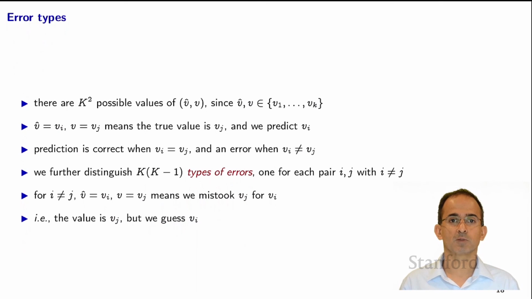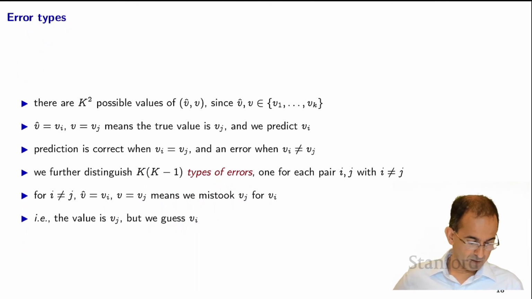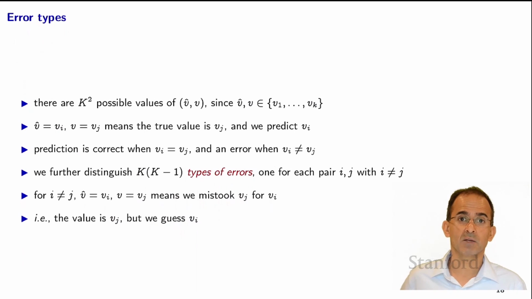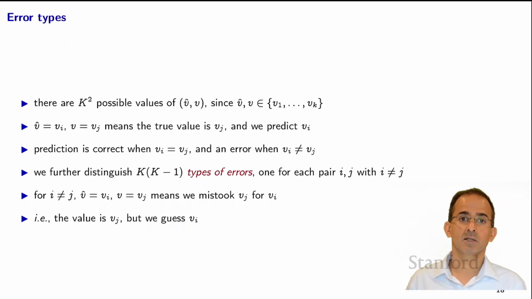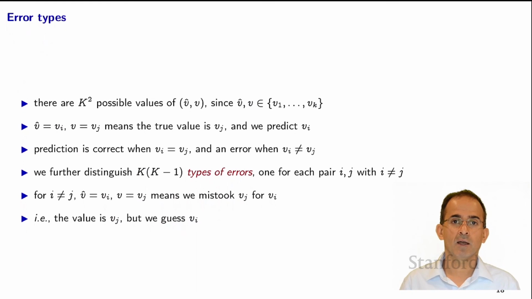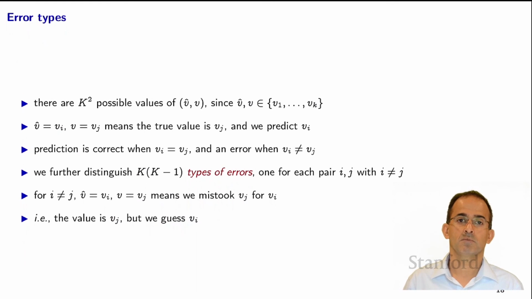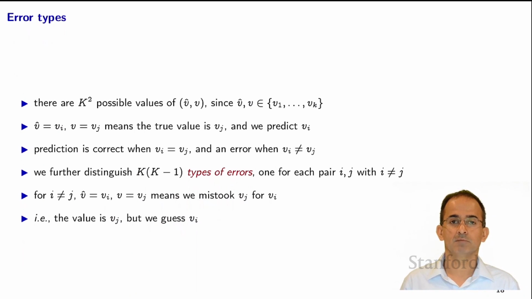So there are k squared possible outcome pairs. When we say v hat is vi and v is vj, it means the true value is vj and we're predicting vi. So the only ones that are correct are when vi is vj. And it's incorrect when vi is not vj. In other words, if v hat is v, that's correct, and if v hat is not v, that's incorrect.